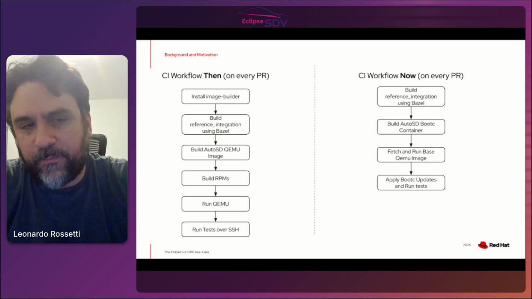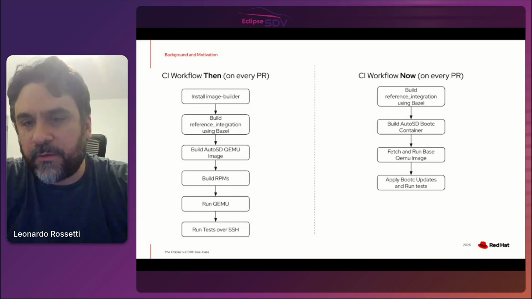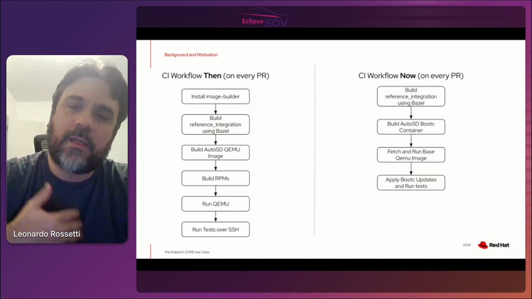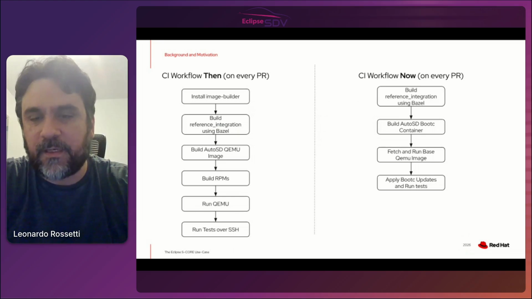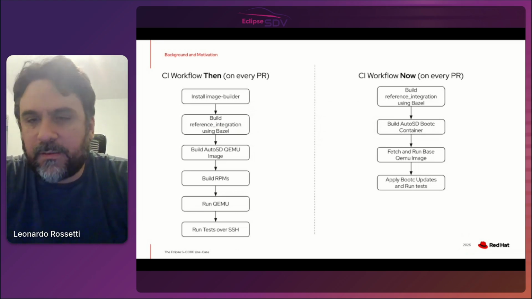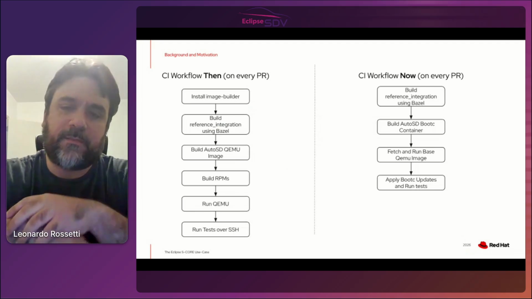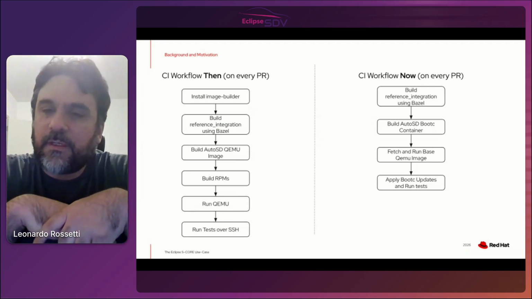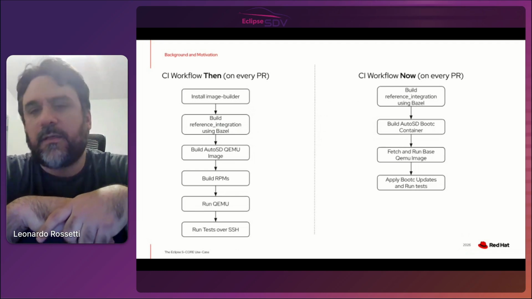It means that instead of building an image from scratch, you just use Bazel to build the RHIVOS integration repository, and then you include whatever artifacts are generated from that build into an OCI container. This is a special container because it requires certain tools to be inside that image, which are all bootc related.